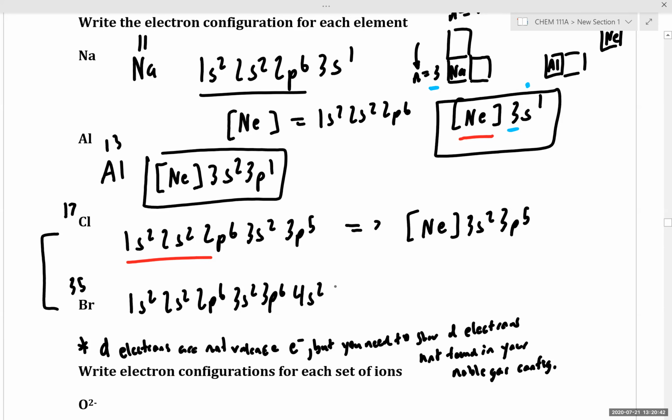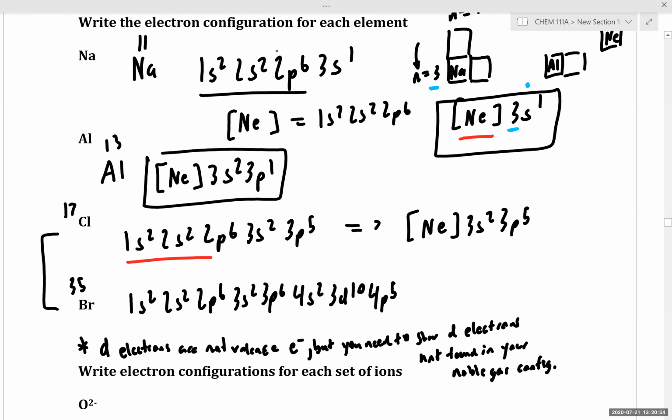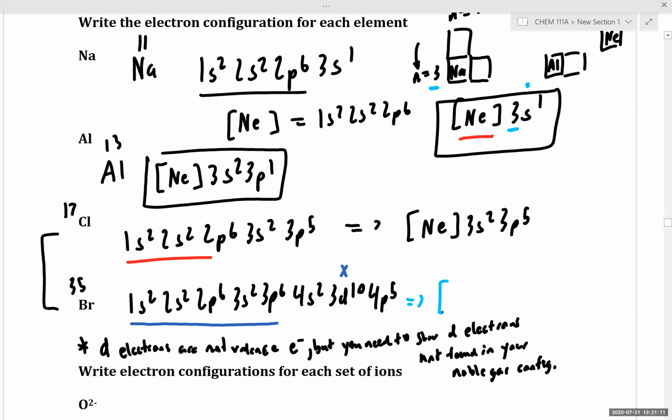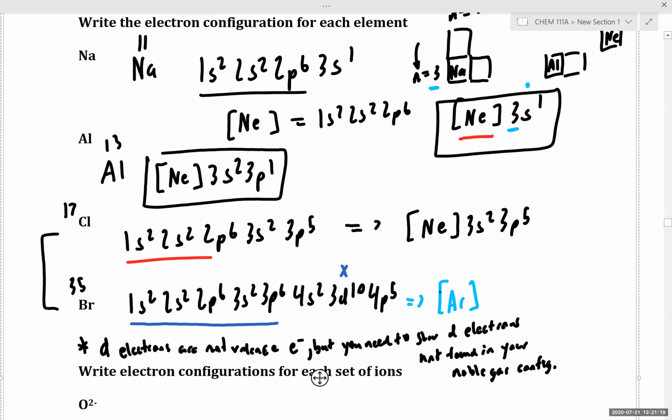4s2, and now we have to fill the d orbital, 3d10, 4p5. Now in terms of the core electrons that we can abbreviate with a noble gas, we can abbreviate all of our n equals 3 and below electrons except for our 3d electrons. And we can abbreviate our core electrons as argon, and we note all of our core and valence electrons not found or abbreviated by argon as follows.